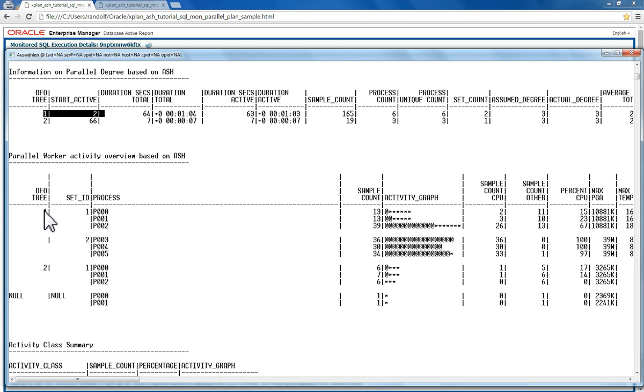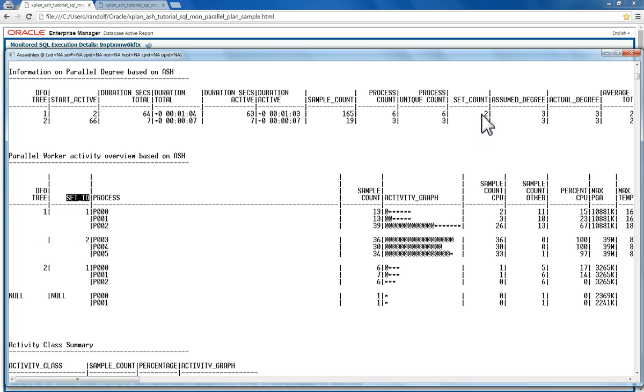We now get the information still organized by DFO tree, but since we can extract the process information from active session history, it is now organized on DFO tree per process, and within each DFO tree these processes are then organized in these parallel slave sets.